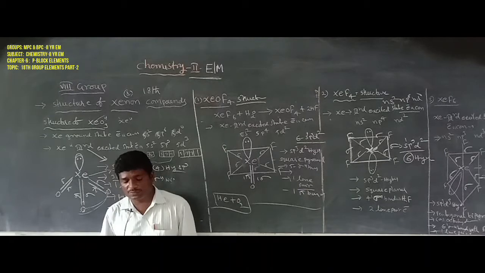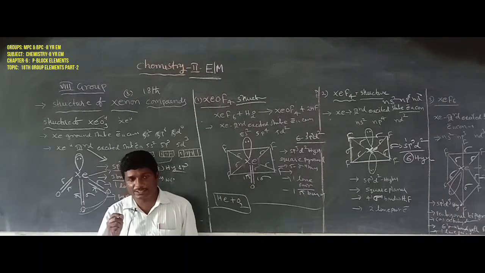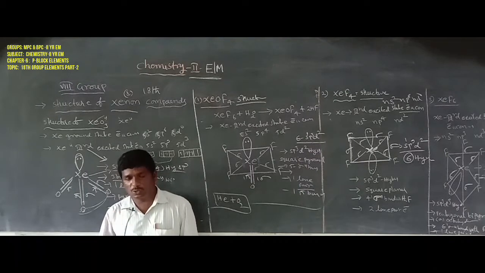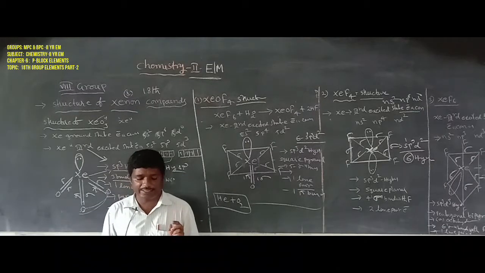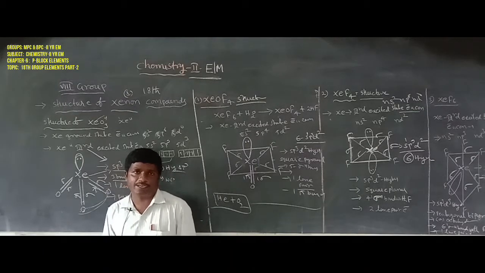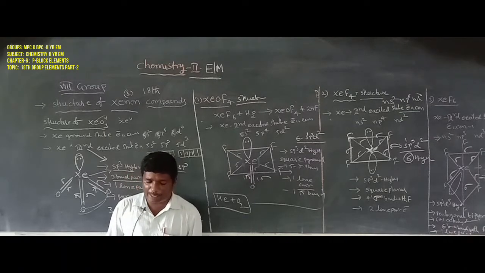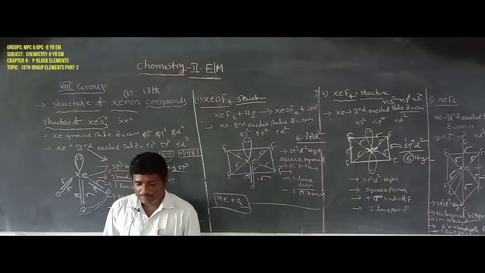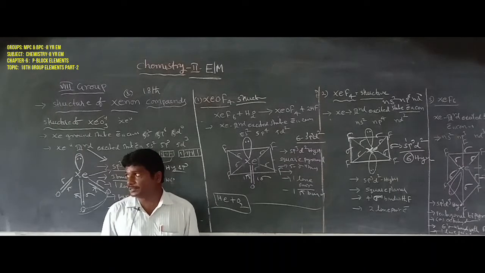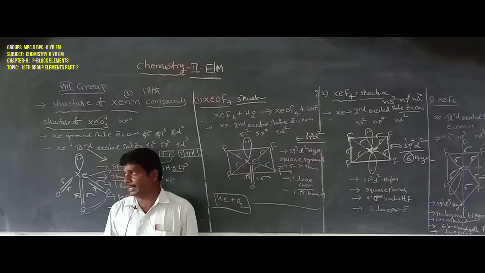Next, neon bulbs are used in botanical gardens and greenhouses. That is the uses of neon.